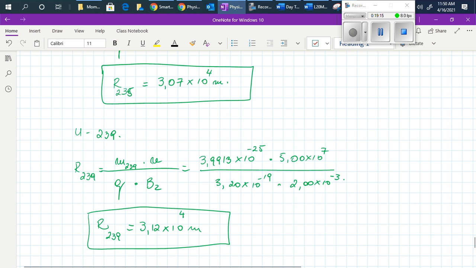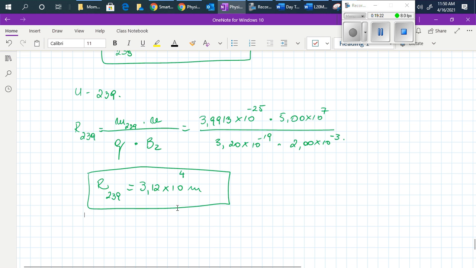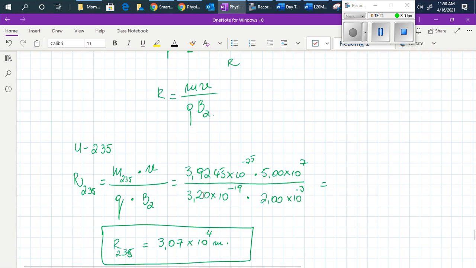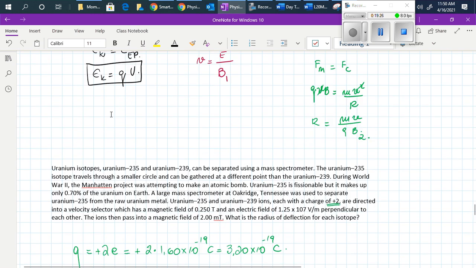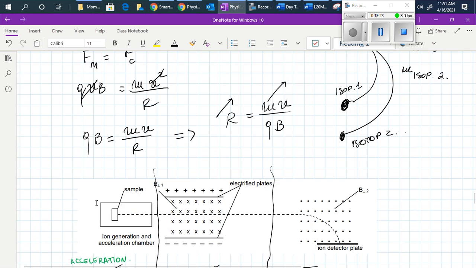So this is how you deal with the mass spectrometer questions. Just keep in mind the principle that the mass spectrometer has. So you have the acceleration section, and then you have the velocity selector section, and then you have the ion separator section.